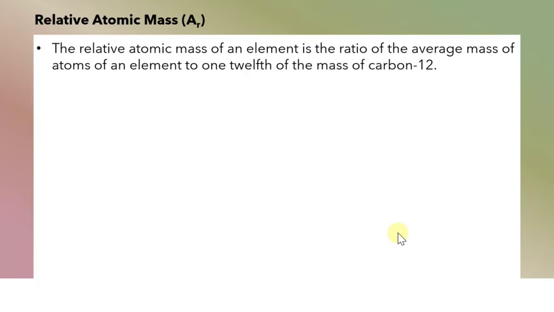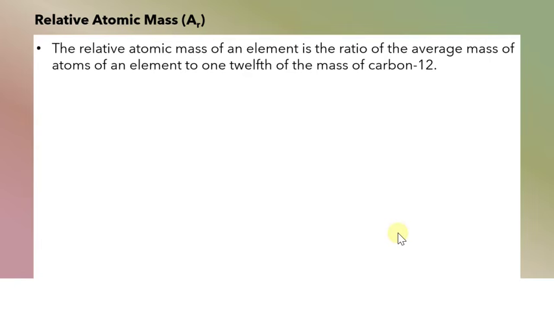So the point here is relative atomic mass is just a ratio where you compare the average mass of atoms of an element to 1/12 of the mass of carbon 12. Now what does that mean?